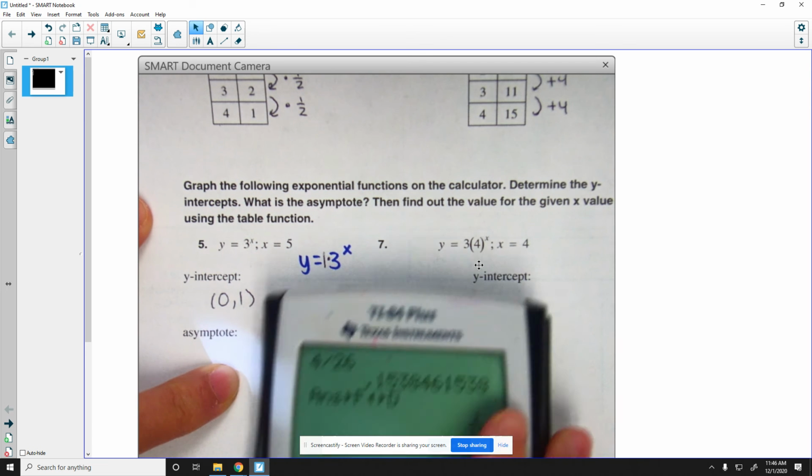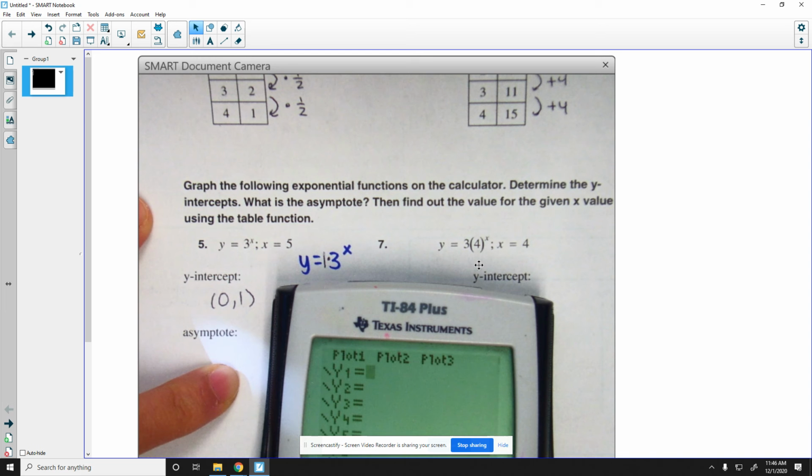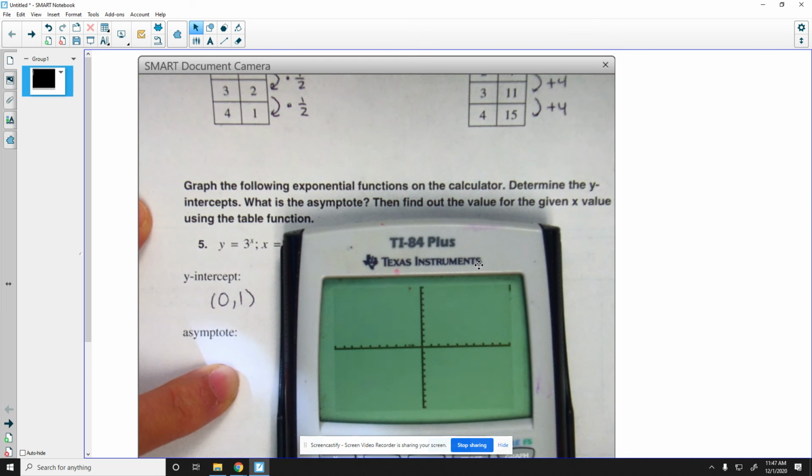All right, that was the new one, and I'll be talking about that again later. But if I were to type my equation into my graph, and I look at it, remember the meaning of the asymptote is what number does it get really, really close to, but never actually touches? Does anyone online remember or know what number does it get really close to?